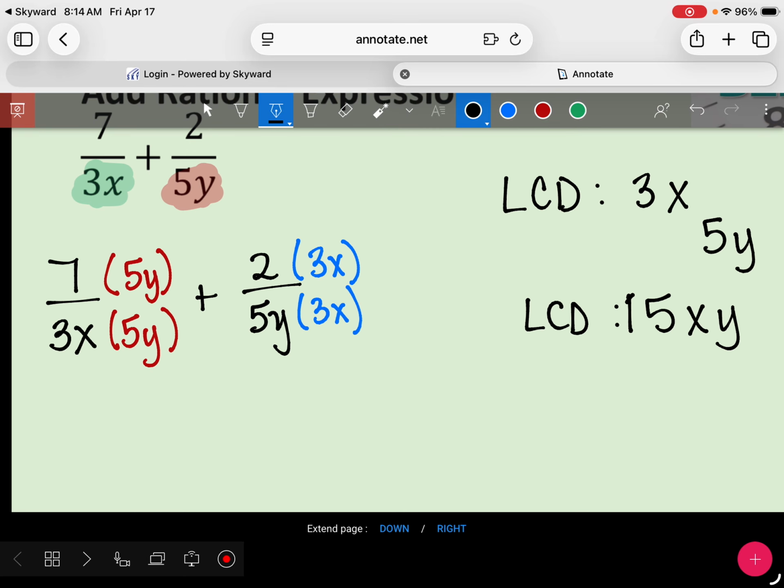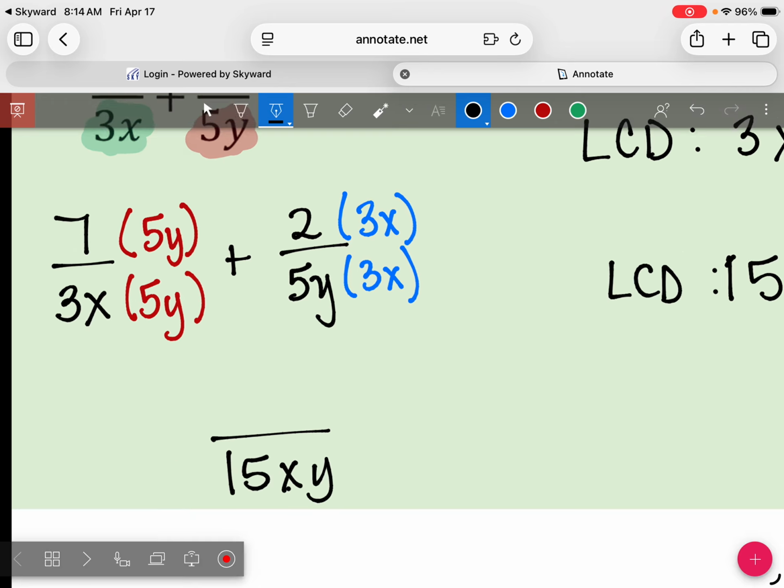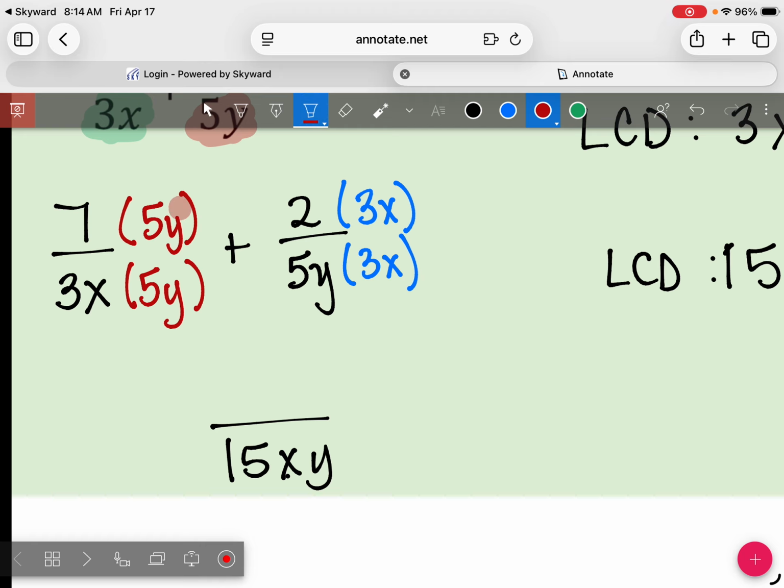So that gives me 15xy in my denominator. That's my LCD. And then just go across.